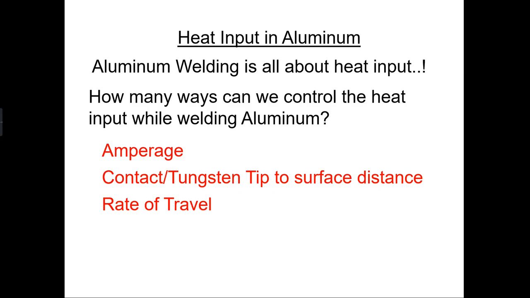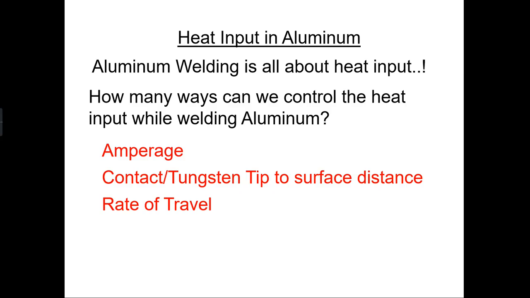Most welding engineers will tell you that probably one of the most important parameters we have to deal with is the rate of travel, or your travel speed. You are in complete control of this when you're TIG welding, especially from a manual point of view. But your rate of travel is going to have a very high influence on the outcome of these welds.